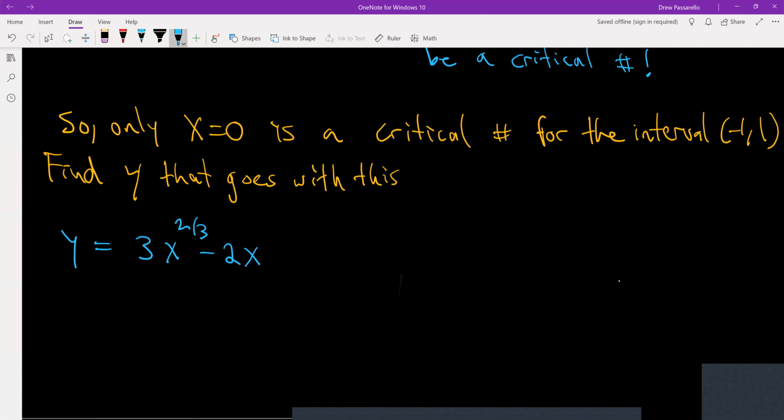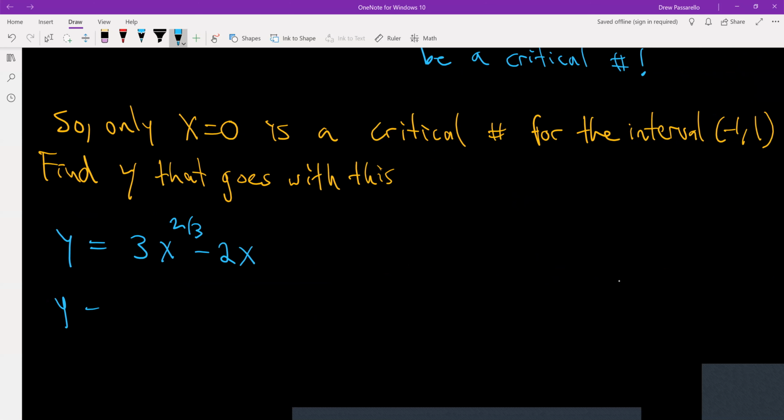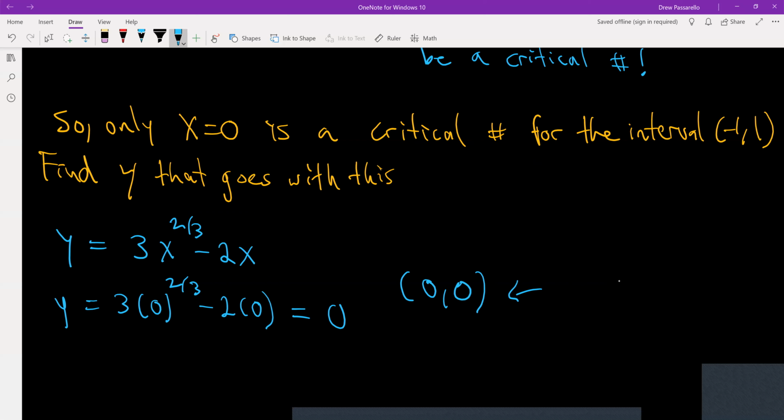That's going to be y equals 3 times 0 to the 2/3 minus 2 times 0. 0 raised to anything is 0, so this is 3 times 0, which is 0, and then minus 2 times 0 is also 0, so this equals 0. So that gives you the point 0, comma 0. So this is some form of relative extrema.